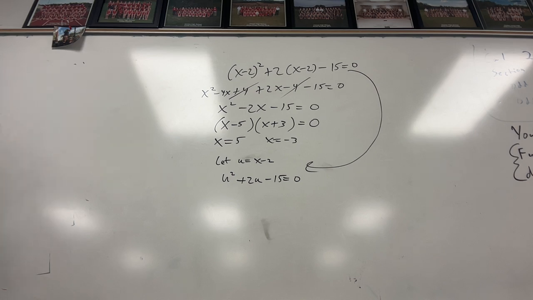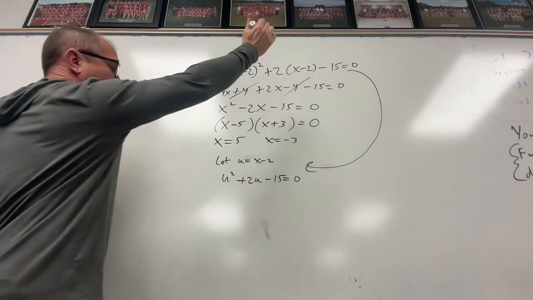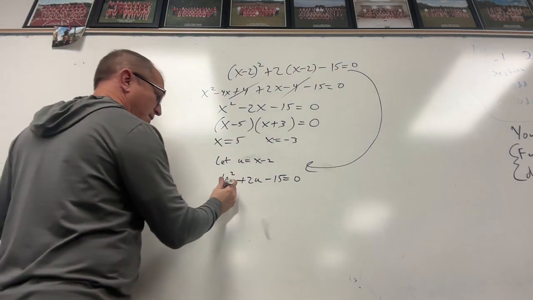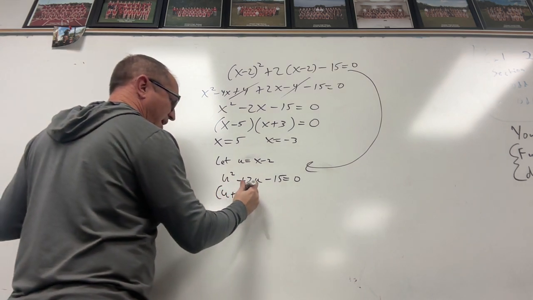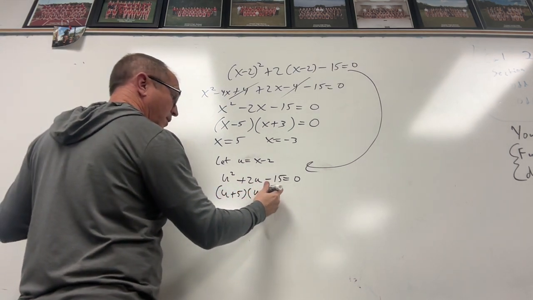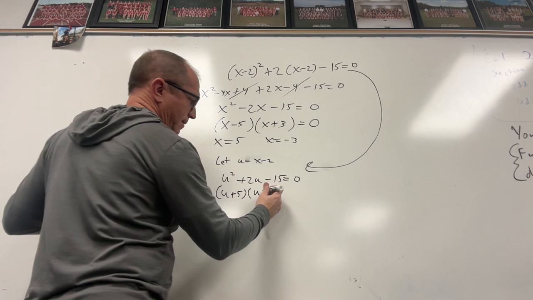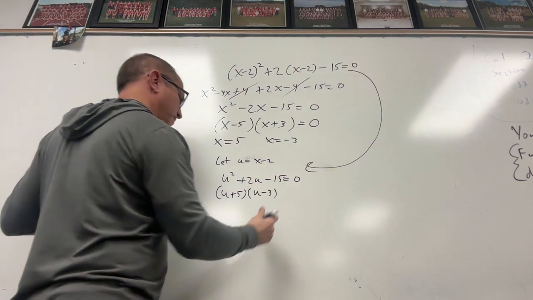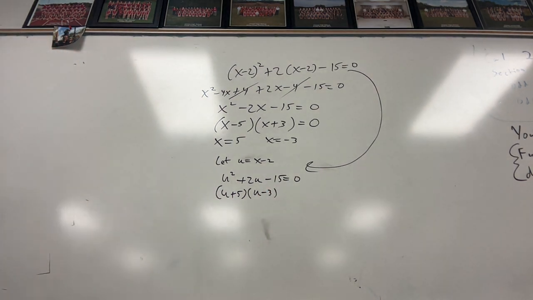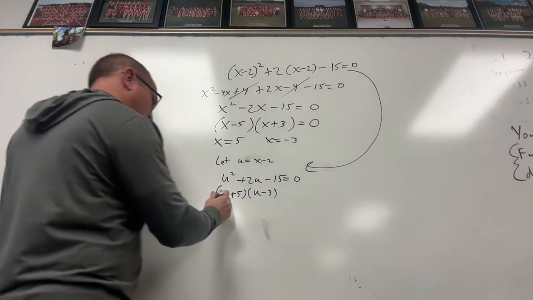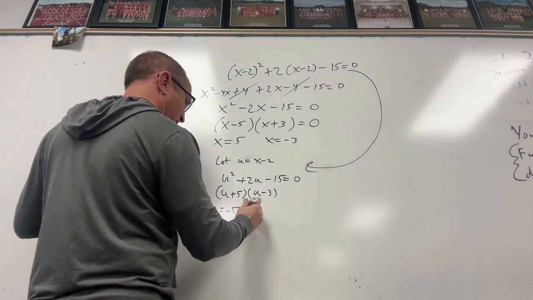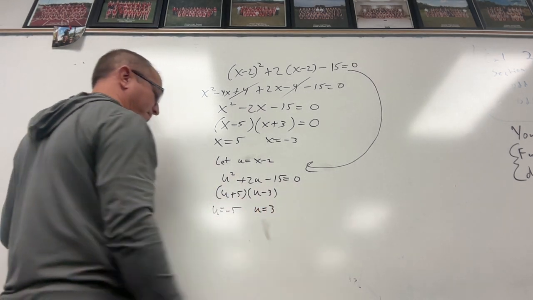So this saves me having to square my binomial and so forth. And this would be U plus 5 times U minus 3, right? So I get U equals negative 5 and U equals 3.